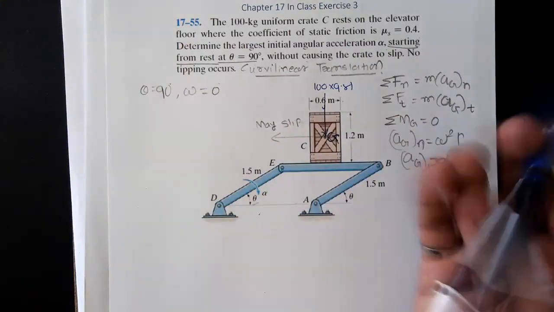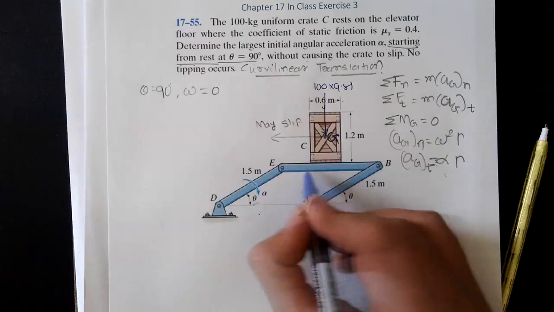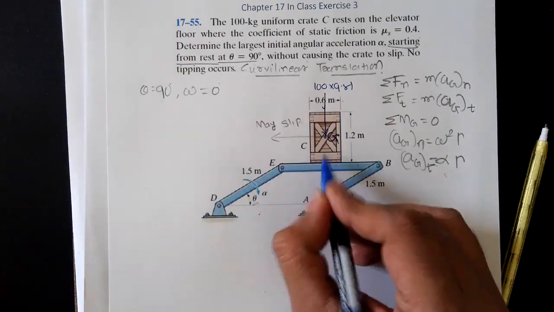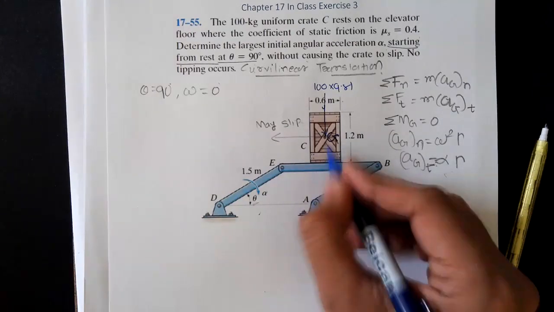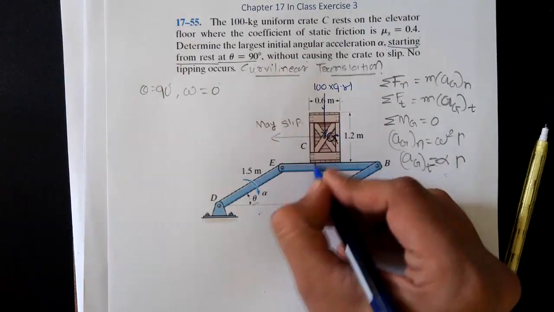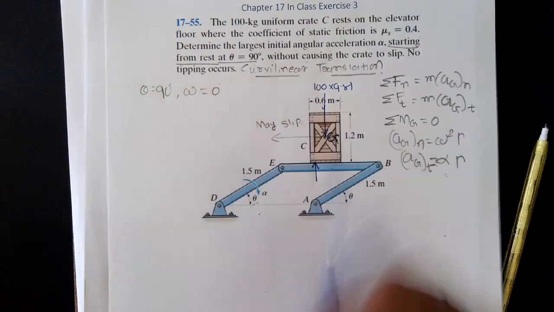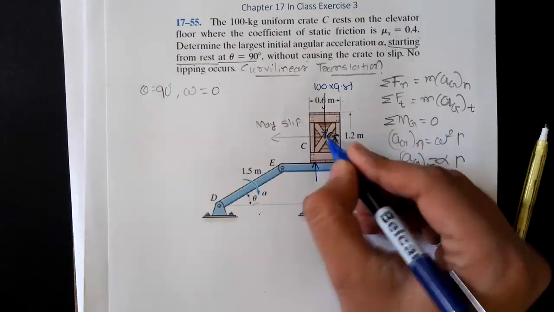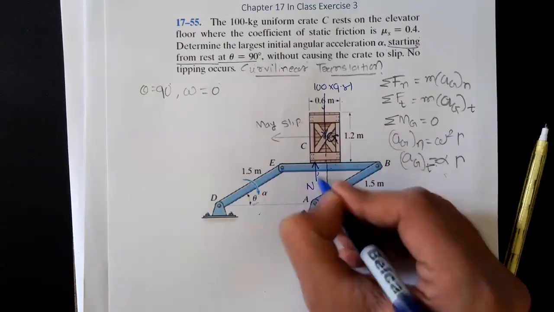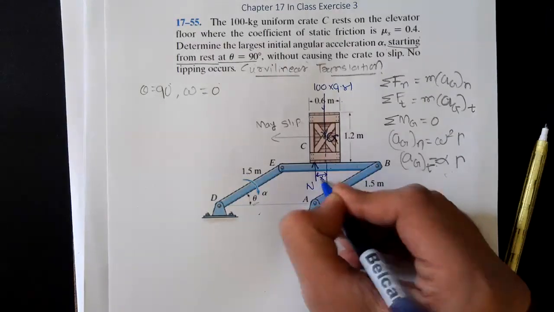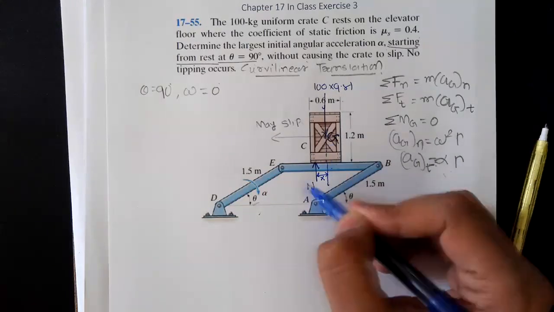Next, about the position of the normal force. The normal force acts from the platform, the elevator, onto the box, but the axis of the normal force does not pass through the center of the box. It passes further left, away from the center of the box, because that's the direction the box may slip. If I consider this the center line of the box, then the normal force acts at some distance x away from the midpoint, or the center of mass, of the box towards the left.